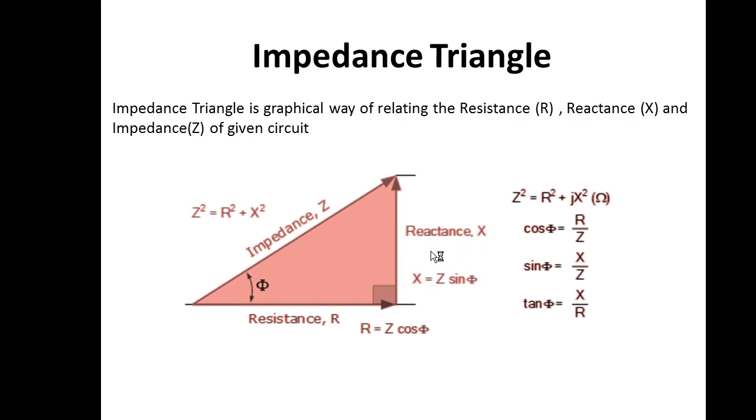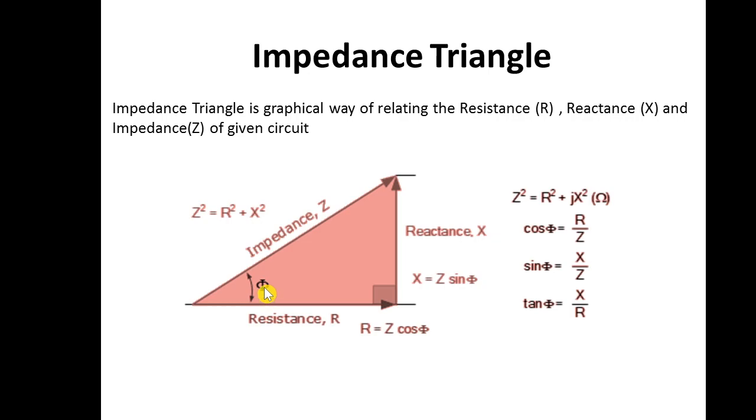Now see one more, this is the angle, phase angle, that is the angle between voltage and current. We already saw that for a pure resistance circuit this angle is 0.